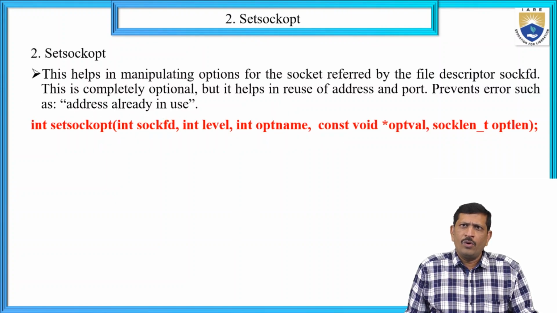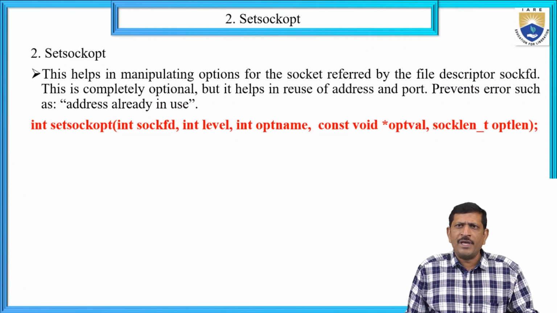Socket option, that is setsockopt. This helps in manipulating the options for the socket, which is defined by the file descriptor sockfd. This is completely optional, but it helps in reusing the address and port, preventing errors such as address already in use.